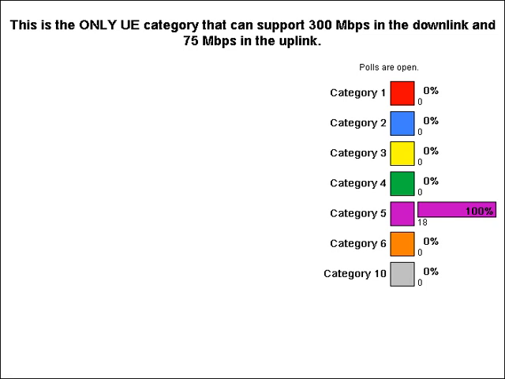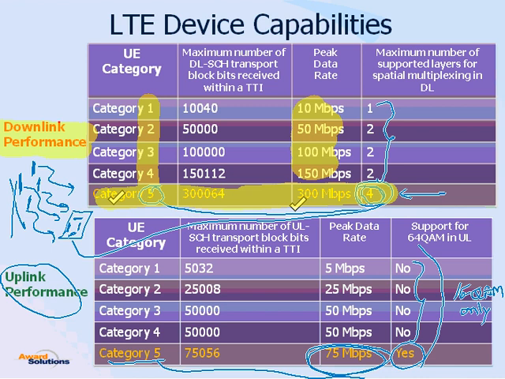Okay, so let's answer some questions here. Can the UE have different downlink and uplink performance? Actually, once you pick a category, category 2 let's say, that category 2 means you will always have up to 50 megabits per second for the downlink.